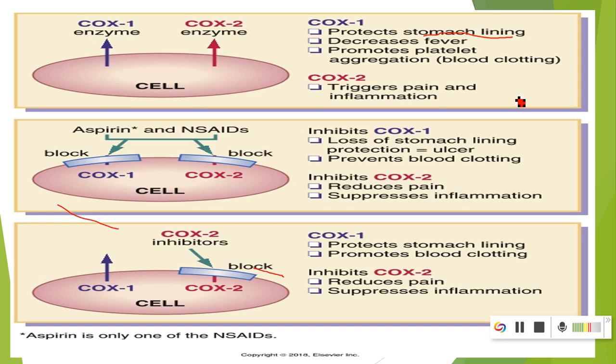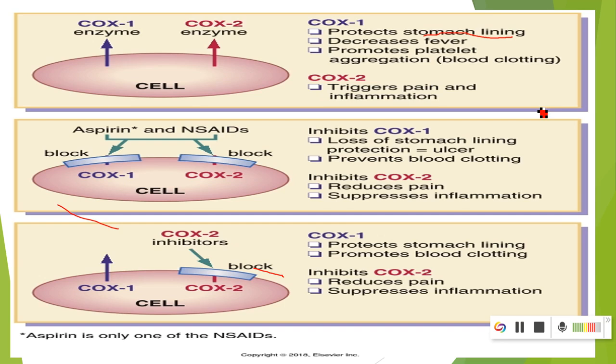Now what we need to understand is that when prostaglandins are synthesized, they trigger pain and inflammation. So what do we use? We use aspirin or NSAIDs. Now, aspirin also falls under the NSAID category, but I will explain how it is different once we go to the drug chart. Okay.